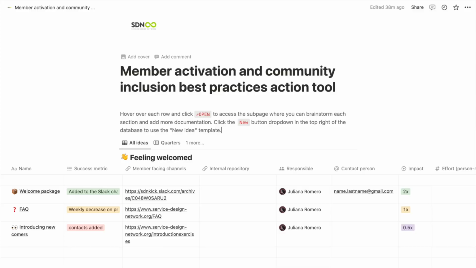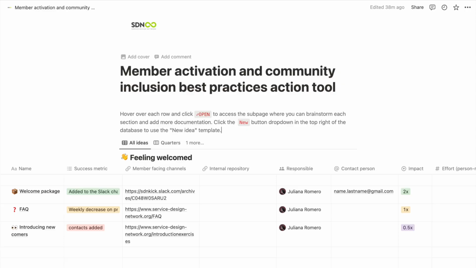To ensure that there is somebody who is assigned and responsible to follow this through, that they know how to measure and have clear success metrics, that they know which are the member-facing channels offering this to members, and that they know where to find the content that is needed to build this.